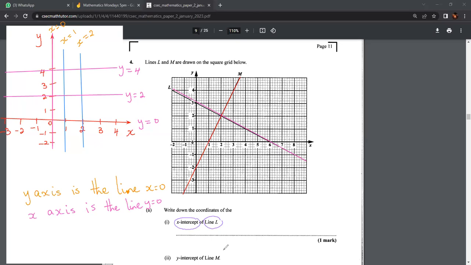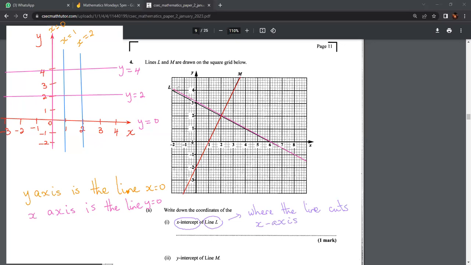Now, if they give you a graph, they want it from the graph. The x-intercept is basically where the line cuts the x-axis.